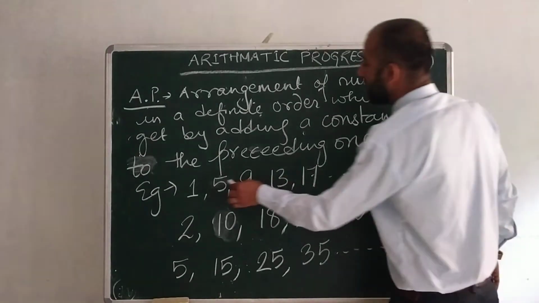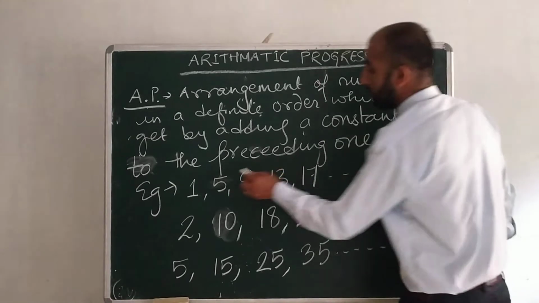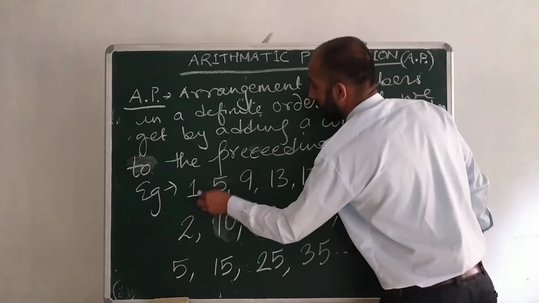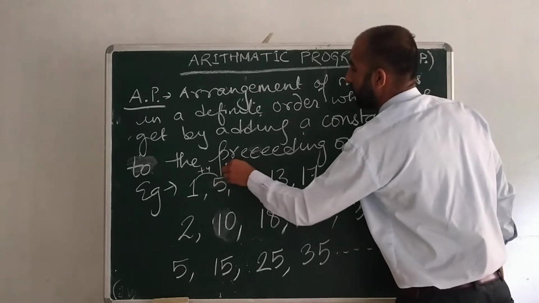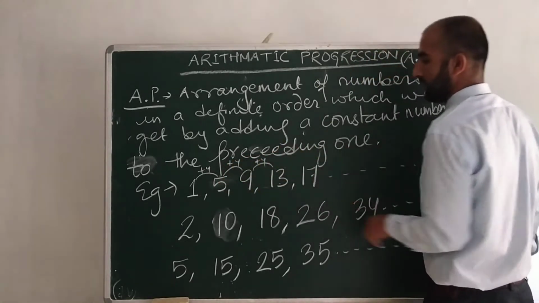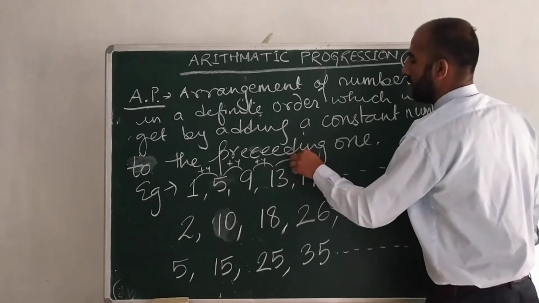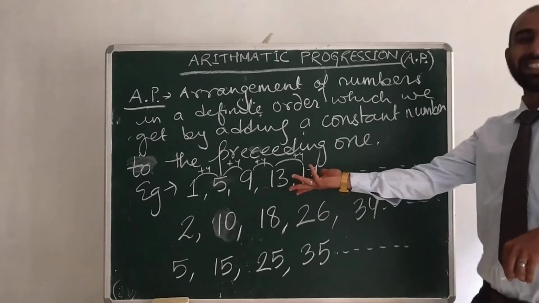Here, I have written the numbers in a definite pattern. See, 1 plus 4 is 5, 5 plus 4 is 9, 9 plus 4 is 13, 13 plus 4 is 17, isn't it? So, what will be the next number?